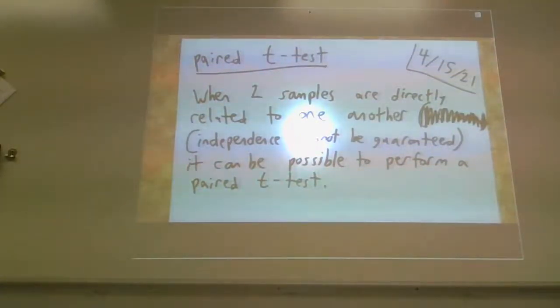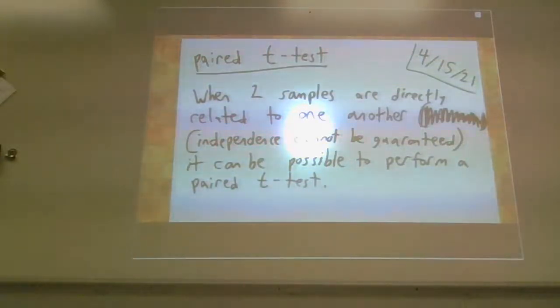And if you are going to perform a paired t-test, then obviously each data point can logically be paired with something in the other sample. The data point for room 121 before can be paired with the data point for room 121 after, and that makes logical sense. You're going to see various examples like that in the future, but this is one prime example.